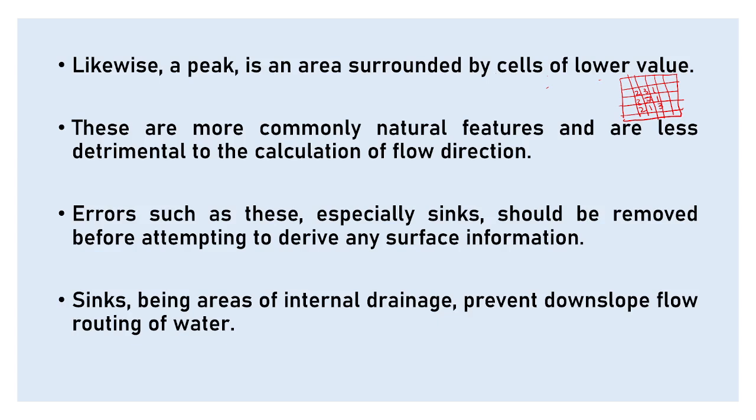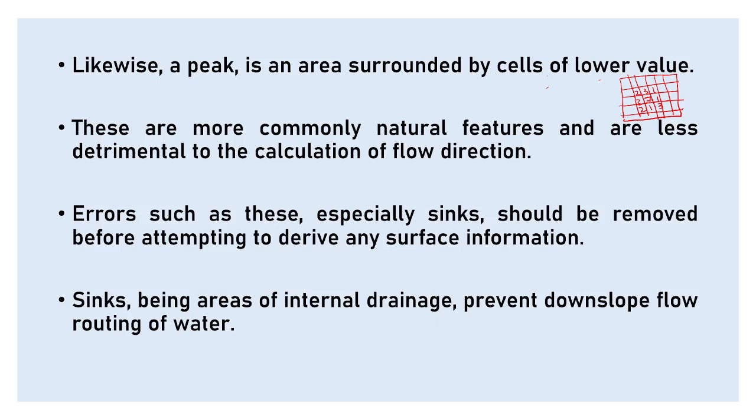So that's what they're saying. Errors such as these, that is peak and sink, but compared to peaks, more problems are caused by sinks, so they should be removed before attempting to derive any surface information in order to determine the flow direction. Sinks, being areas of internal drainage, prevent downslope flow routing of water.